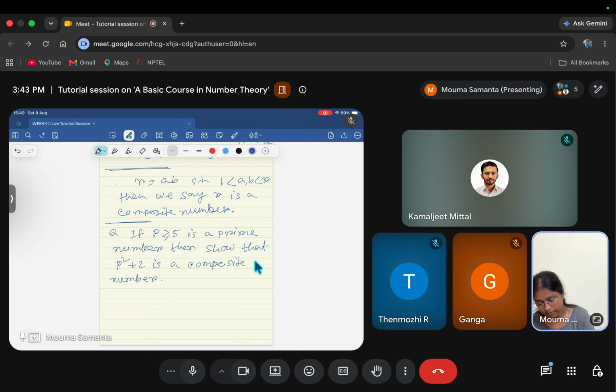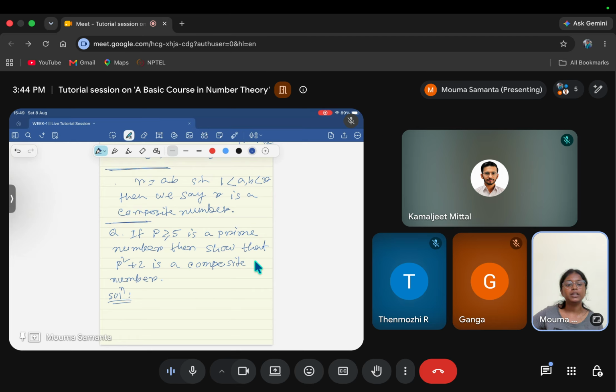So what we have to show? The given condition is p is a prime number which is greater than or equal to 5, and we are asked to show p square plus 2 is a composite number. That means p square plus 2 has the form a into b for two integers a, b which are not 1 and not equal to that number p square plus 2.